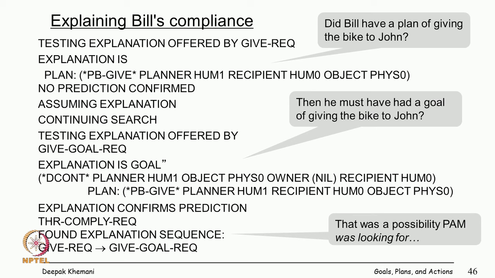And so far on this slide we are simply saying that he had a plan to give the bicycle, which is PB give, as you can see, which is part of the goal to give the bicycle, and Pam was expecting that the threat will be complied with or refused.